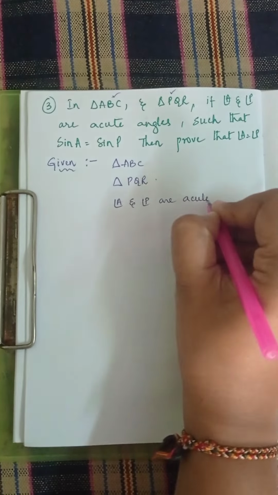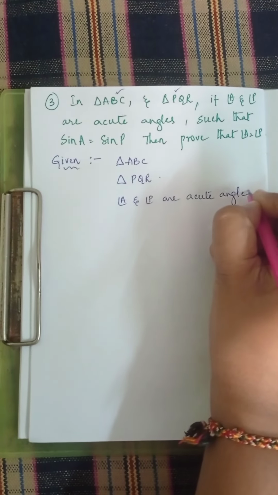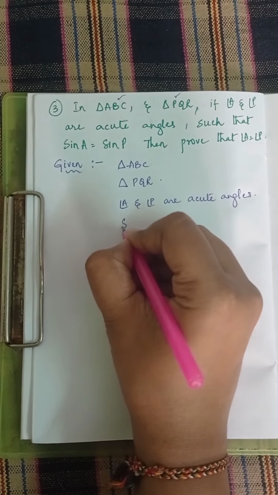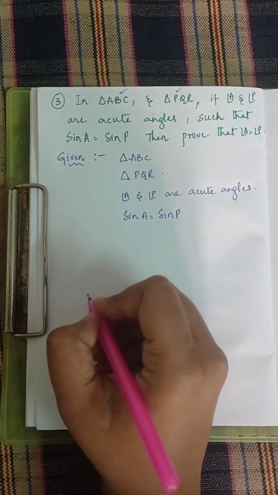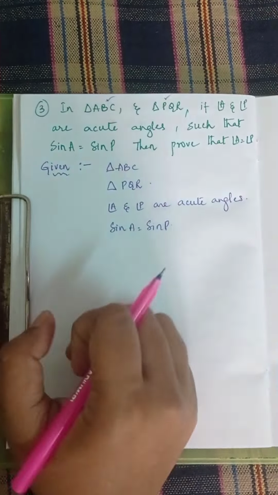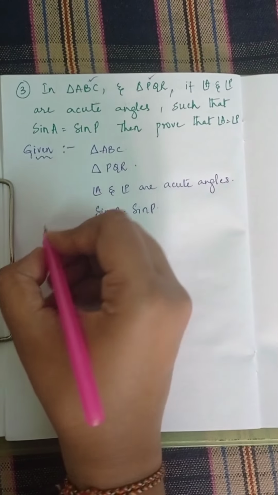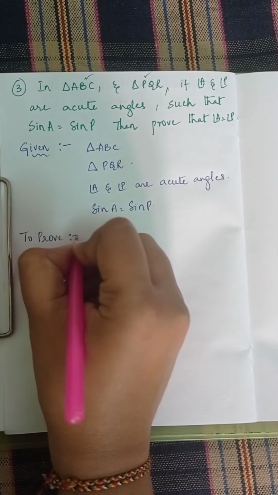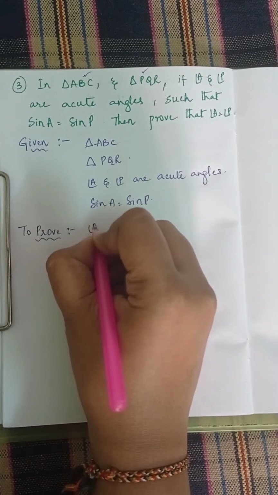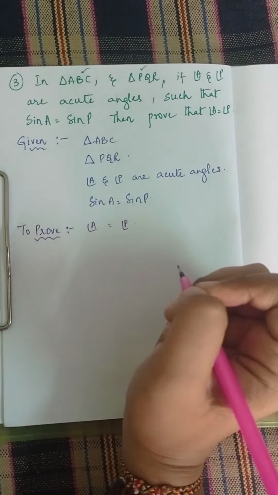Now sine A is equal to sine P, and that is the entire thing they have given, right? Now what we need to prove is angle A is equal to angle P, right?